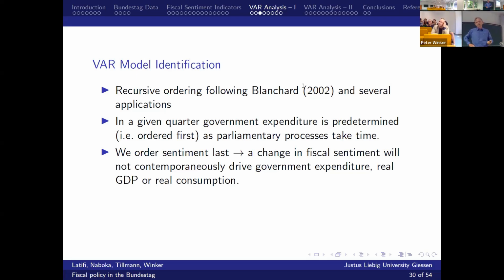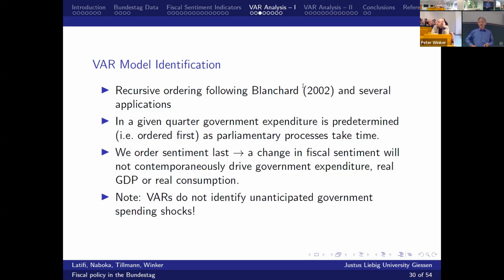And that's why we don't claim that our VAR model identifies unexpected government spending shocks, because that's not what we need. We are looking at the effect of our fiscal sentiment shocks. That's what we are interested in.